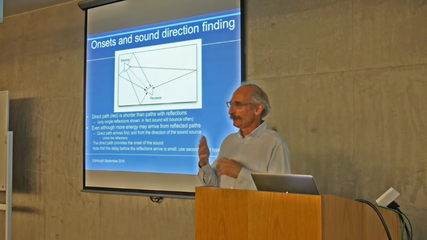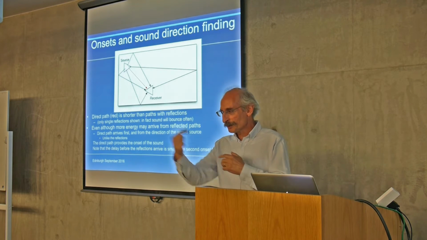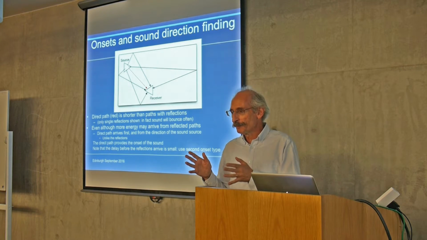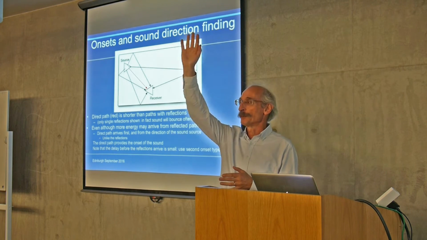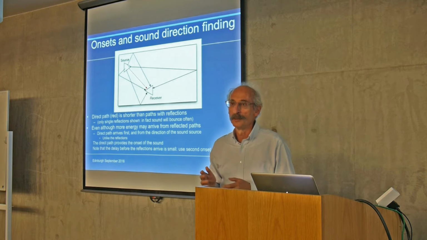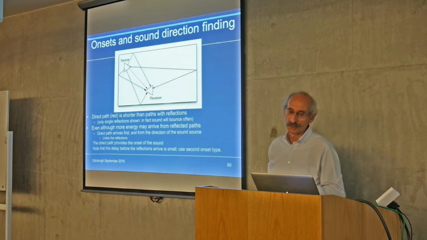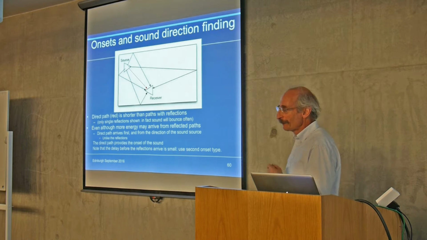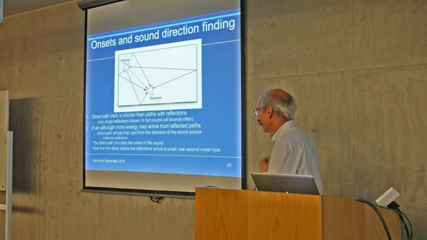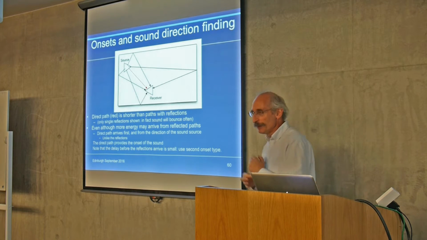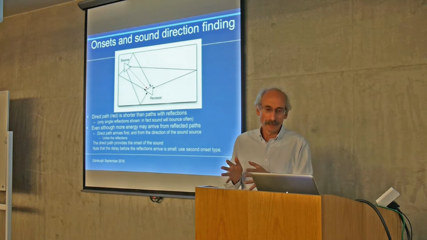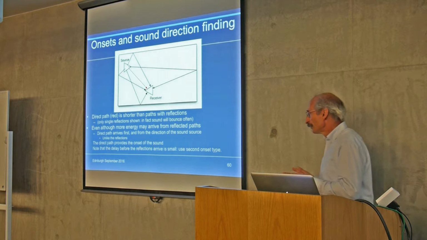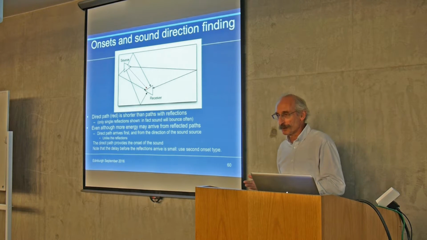But if you're listening to me talking, you can hear the sounds coming from over here, even although most of the volume of the sound is coming reflected off the ceiling, reflected off the walls, reflected off the other chairs, etc. It's coming from all sorts of directions. But the fact that the red path, the direct path, is shorter means that it's the first one that arrives. So the direct path is what's providing the onset of the sound.